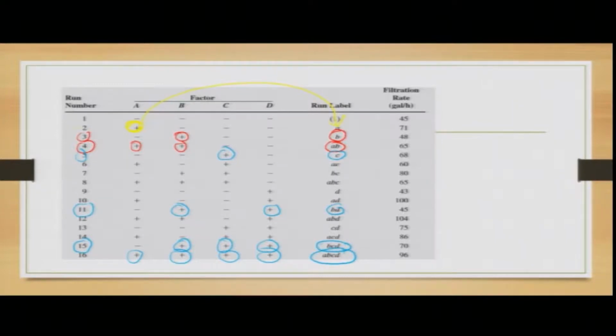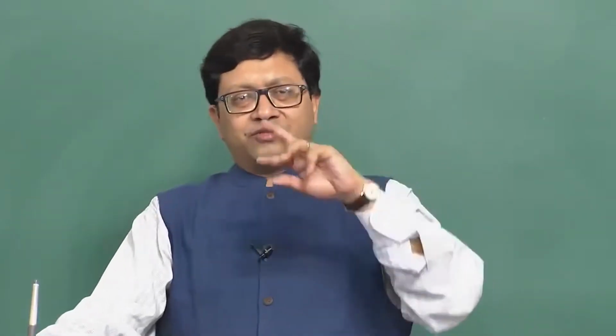And the filtration rate which you had, for each such combination, is given on the last most column, and they would be utilized in order to find out the level of filtration plus the effect of all these 4 factors A, B, C, D, each at 2 different levels of significance.